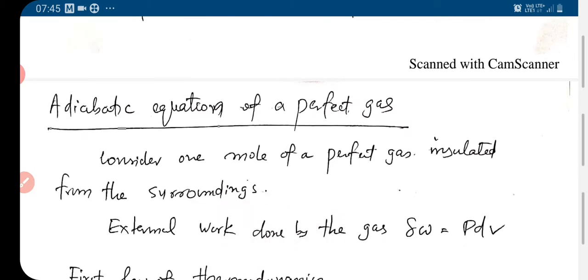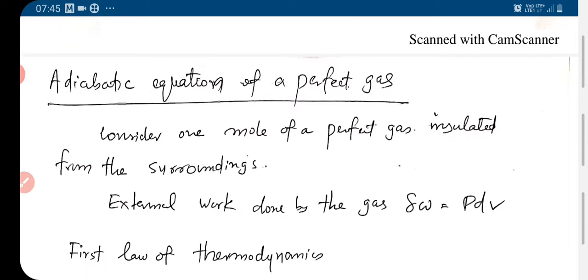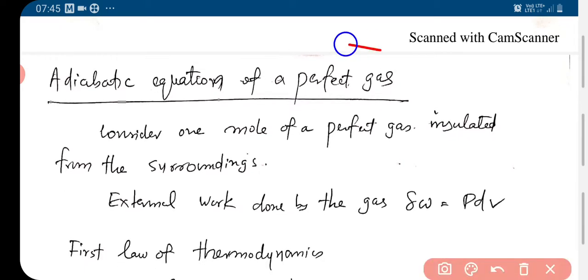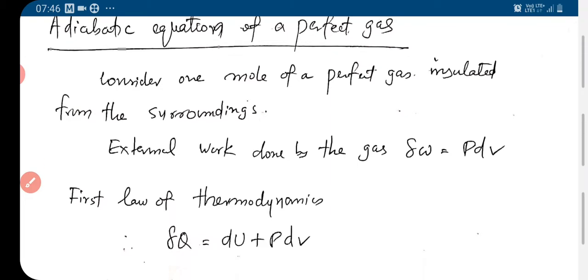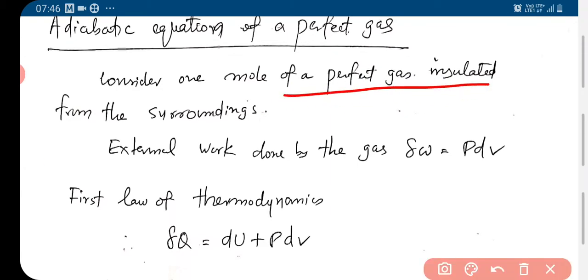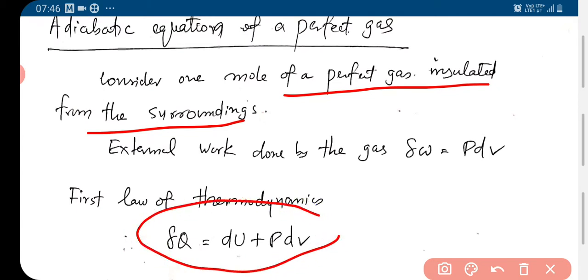Now let's obtain the adiabatic equation of a perfect gas. A perfect gas is expanding adiabatically, and we want to obtain the equation. We consider 1 mole of a perfect gas insulated from the surroundings. The first law: delta Q equals dU plus delta W, which is P dV.